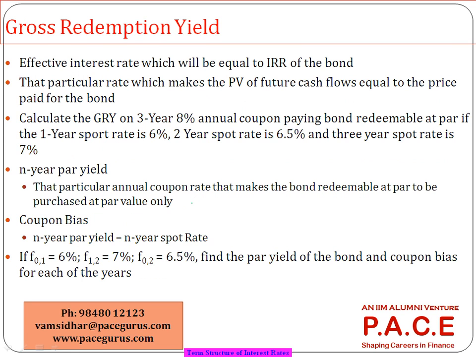The next important aspect which we'll try to cover in this session is, now that I know the various spot rates, how do I compute what is called the gross redemption yield, which is nothing but the annualized yield, the annualized return on that particular bond, which is also equal to the internal rate of return on the bond.